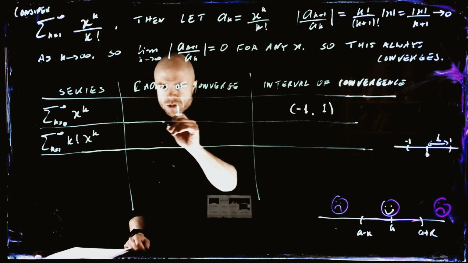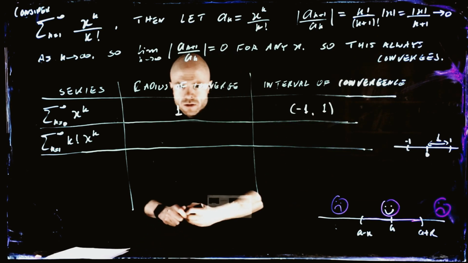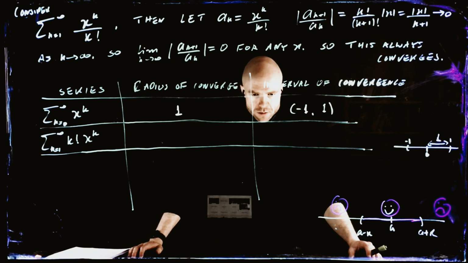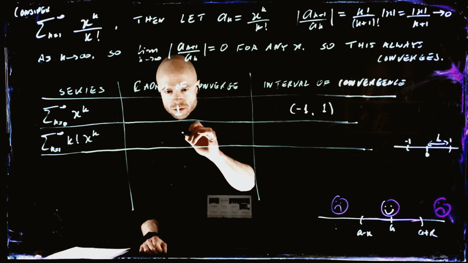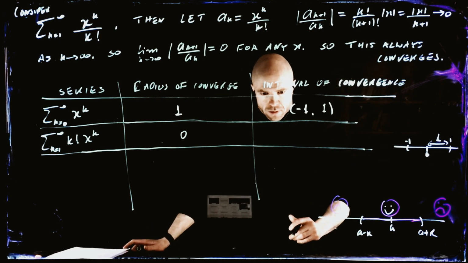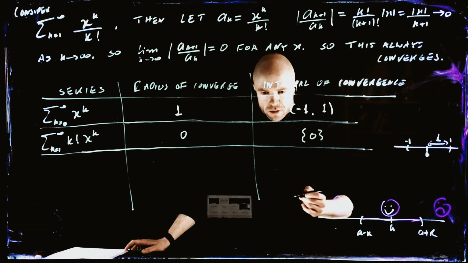Where is this series centered around? Yeah, the radius of convergence is 0. And what's the interval of convergence? I just said it. It's just 0. Just the set {0}.